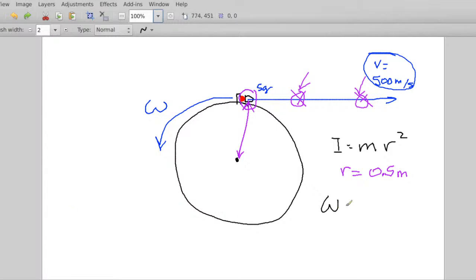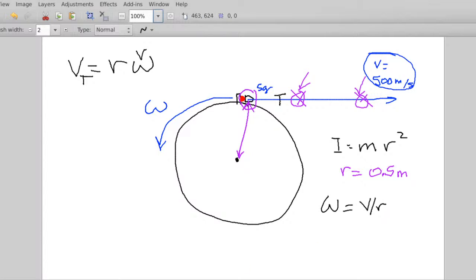It's this relationship right here, v over r. Remember that v is equal to r omega, or actually it was vt, because this is a tangential velocity. So vt is equal to r omega. We're just using that, but now we're using it to find omega. So omega is equal to v over r.